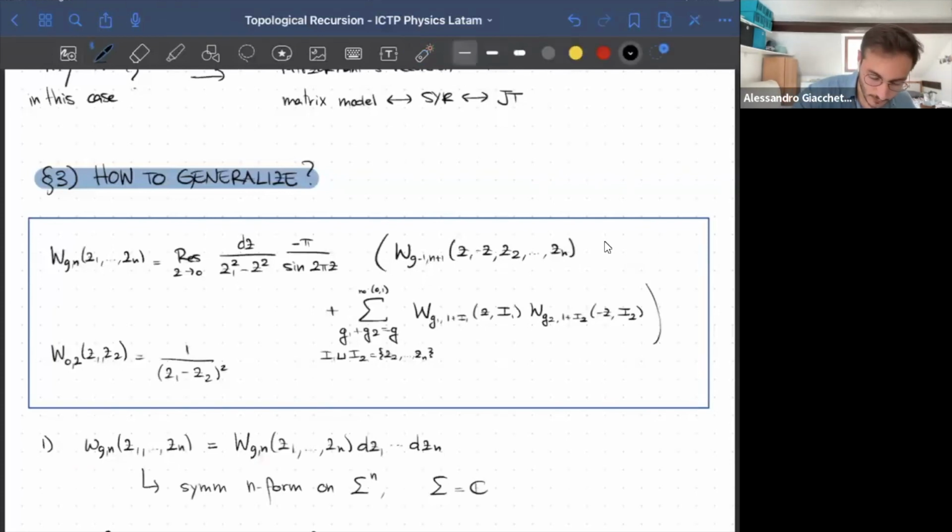And so when I do this on this formula here, if I multiply by dz1 dzn, on the left-hand side I will have this omega gn. And if I insist on having this omega gns on this side, well, first of all, here you don't have dz1, so I have to put it here.